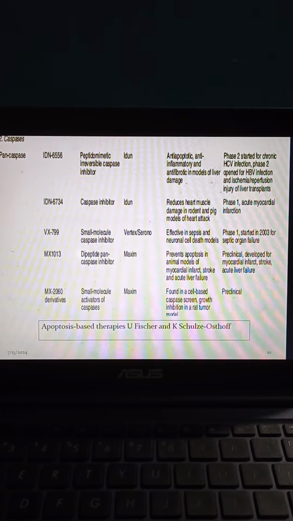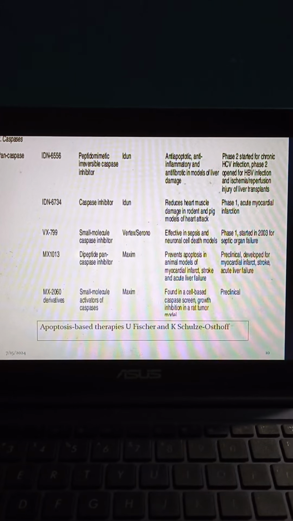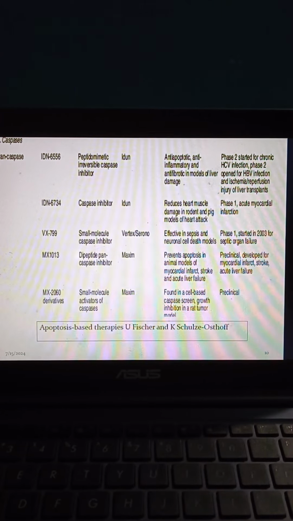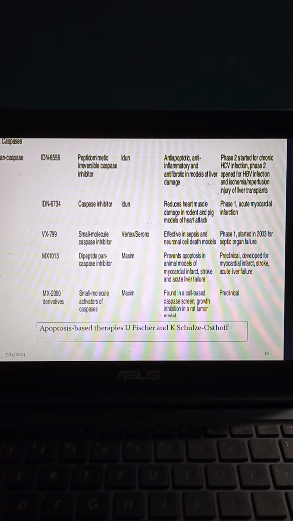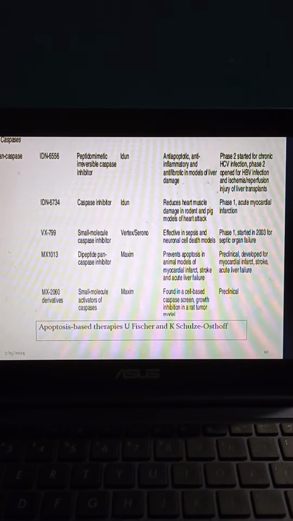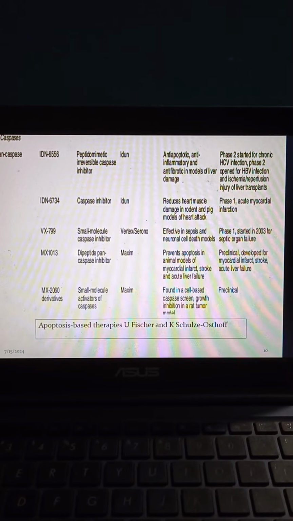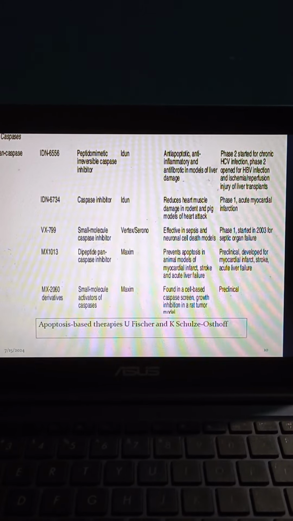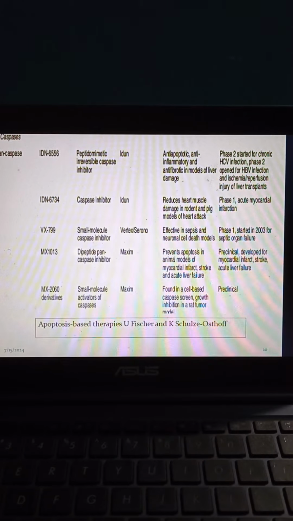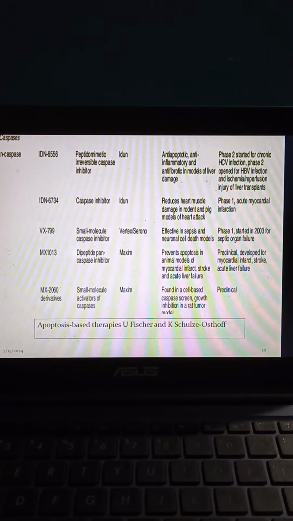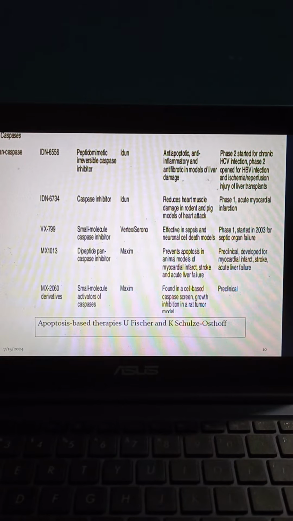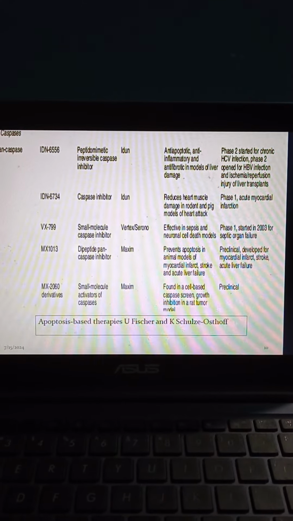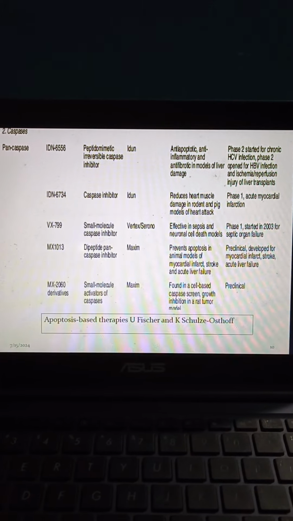Then MX2060 derivatives were found in a cell-based caspase screen, with growth inhibition in a rat tumor model, at the preclinical stage. So these are also some examples of clinical and preclinical studies in apoptosis-based therapy, from U. Fisher and K. Schulze-Osthoff. This is the reference, you can go through that.